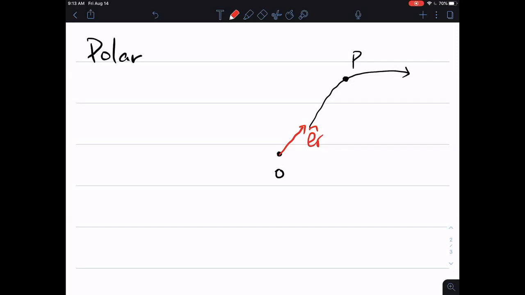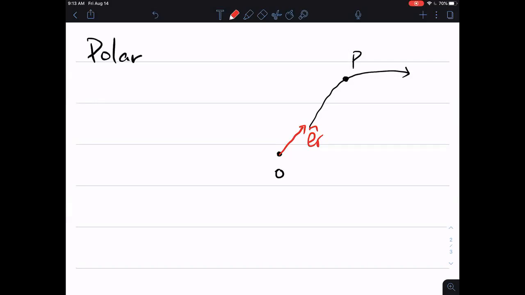And e_theta is another unit vector. Like we mentioned previously, now we know e_r. Do you know the direction of e_theta? e_theta and e_r must be perpendicular to each other.